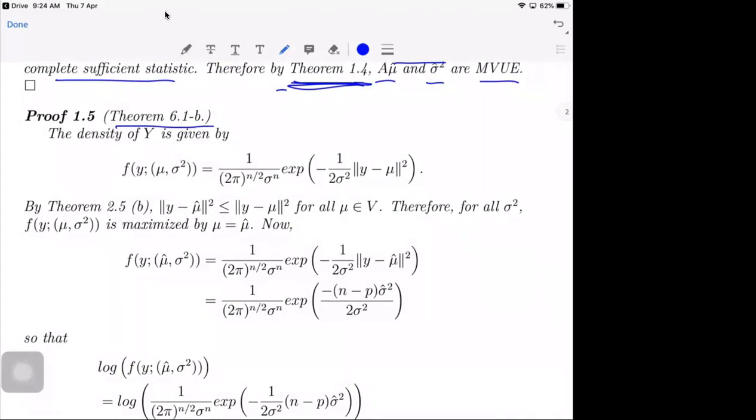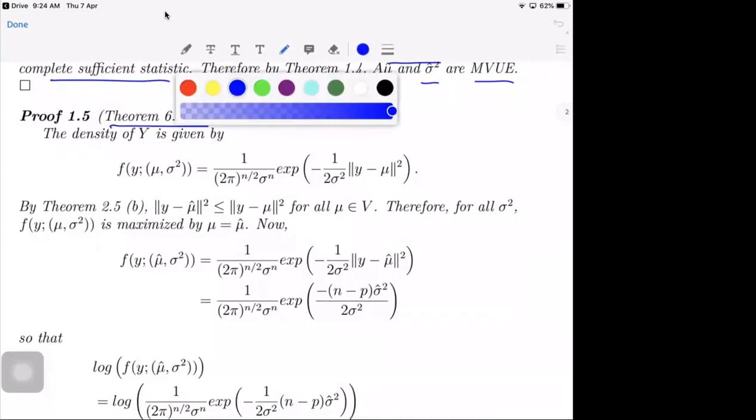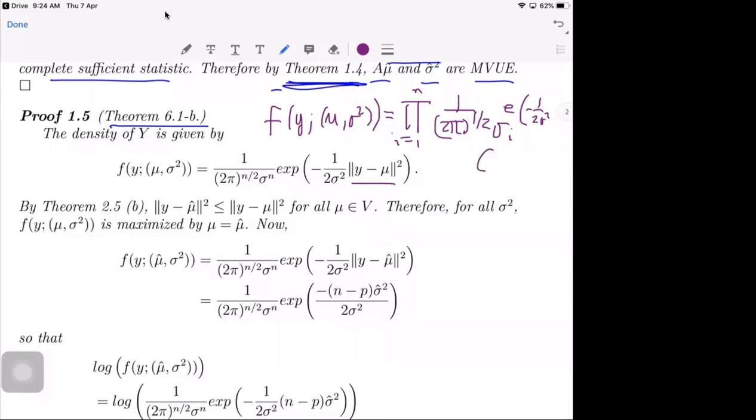So each of the y are normally distributed, so that the density function of mu, sigma hat is the product for each, no? 1 over (2 pi)^(1/2) sigma, i from 1 to n, exponential of negative 1 over 2 sigma squared times the difference y_i and mu_i.